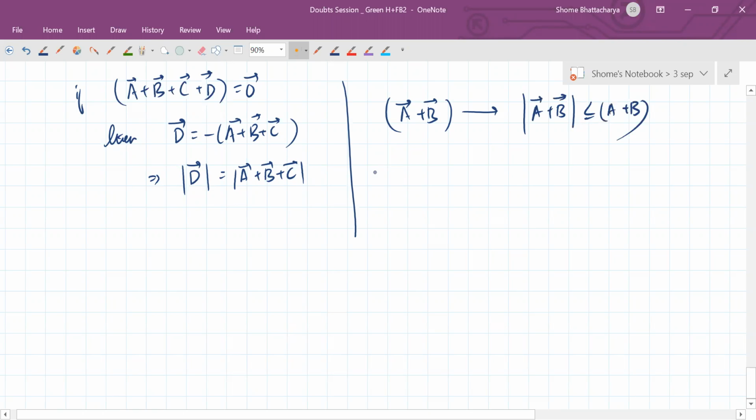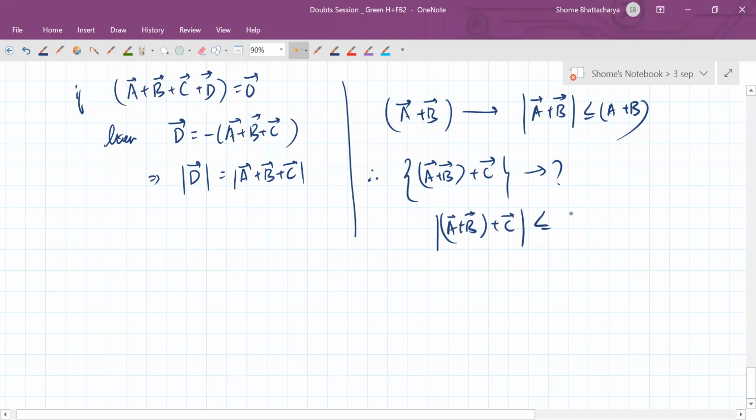Okay, so therefore now you think this. Okay, so the magnitude of this will always be less than equal to, is this clear to all of you?